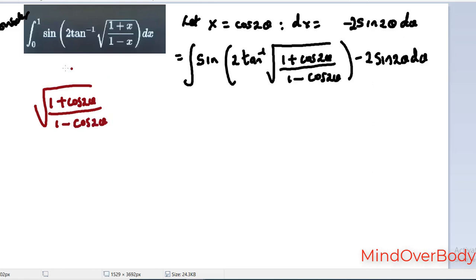Now what is this? There is a formula. Let me write that formula there. 1 positive cos 2 theta divided by 2 is equal to cos square theta. So since the 2 is not going to be in the denominator, I'm going to place the 2 here. So this is the formula that we will be utilizing.